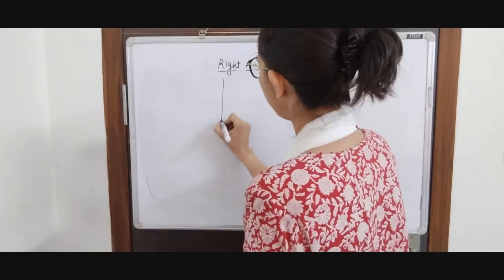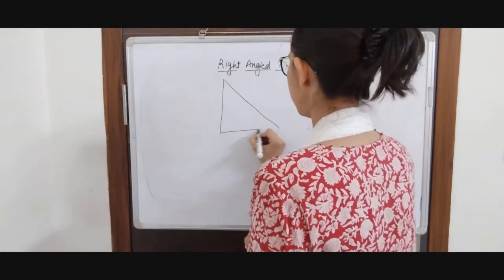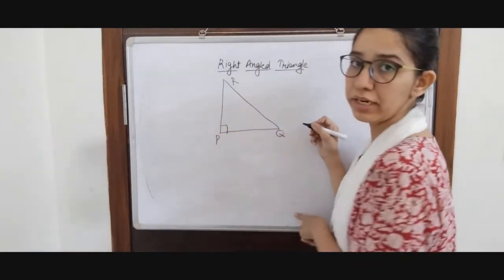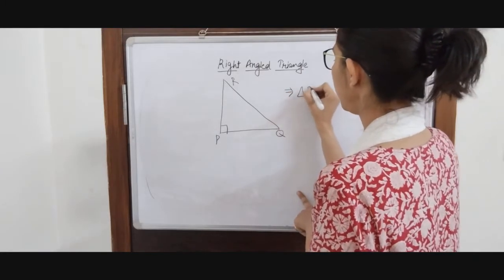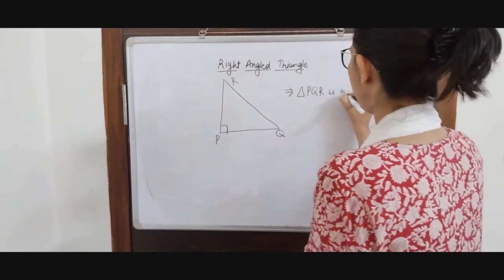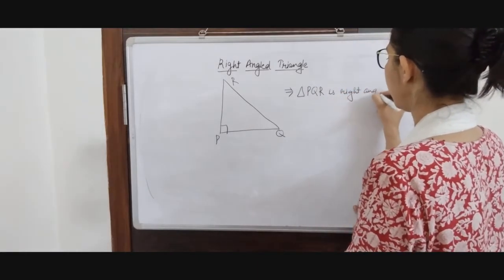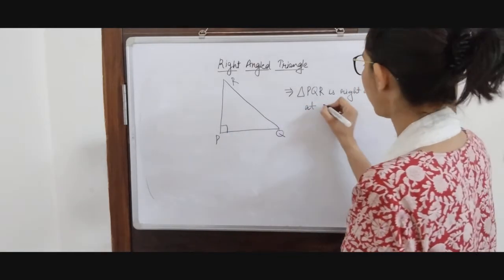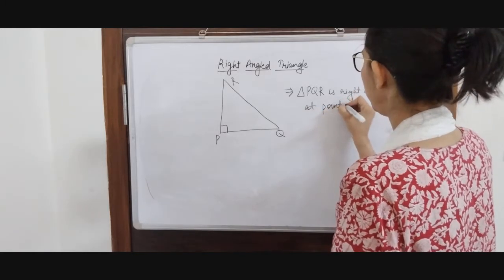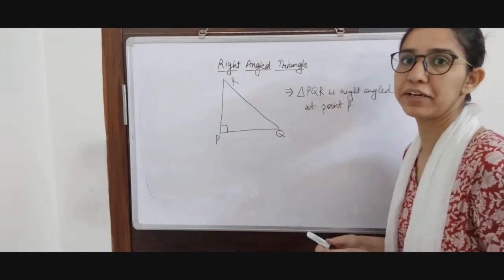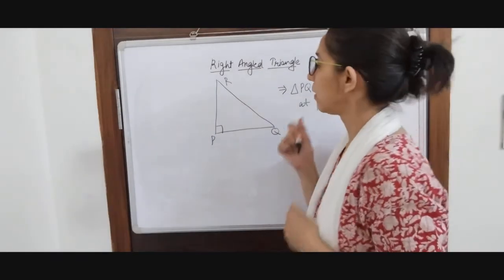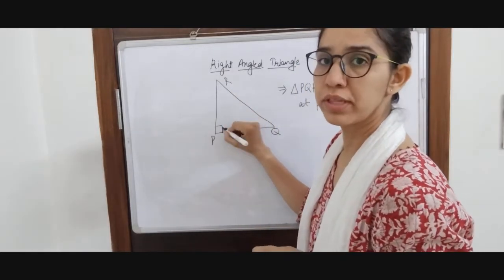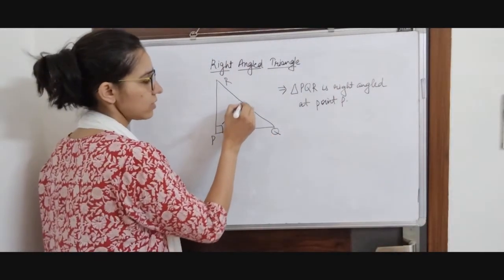So if I make a triangle like this in which one angle is 90 degree, suppose these are P, Q and R. If this angle is 90 degree, it means triangle PQR is right angled, and it is right angled at point P, because the 90 degree angle is formed at point P. Sometimes we skip the word point and directly say right angled at P. Now this side, opposite to the right angle, is the longest side.